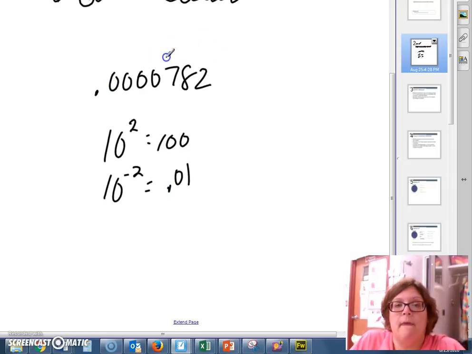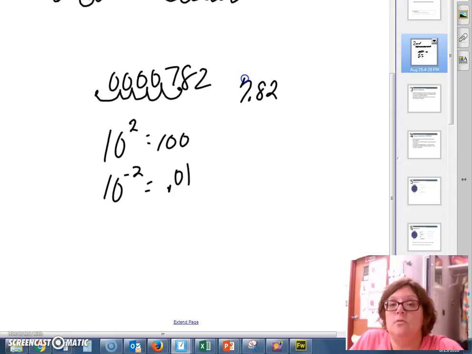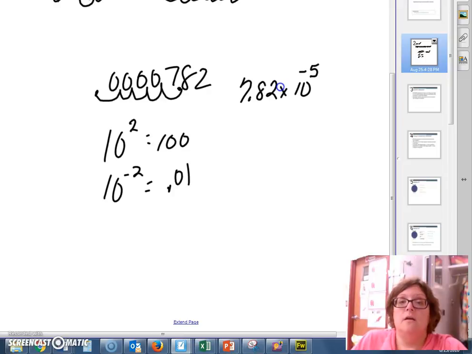Okay? So this number is the same as saying, if we move our decimal over 1, 2, 3, 4, 5. We moved it 5 to the right. 7.82. Since we moved it 5 to the right, we're going to write minus 5. If we move them to the left, it's positive. So 7.82 times 10 to the negative 5th.